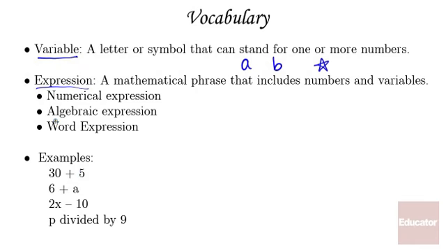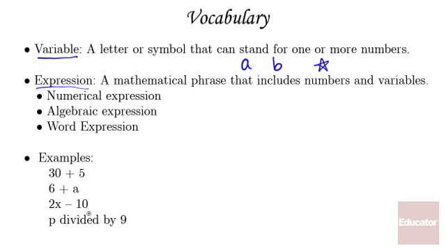The next one, algebraic expression, is the most common type of expression. That's when you have both numbers and variables. So 6 plus a is an example of an algebraic expression. 2x minus 10 is also another example. We have a, that's a variable. X is a variable here too.